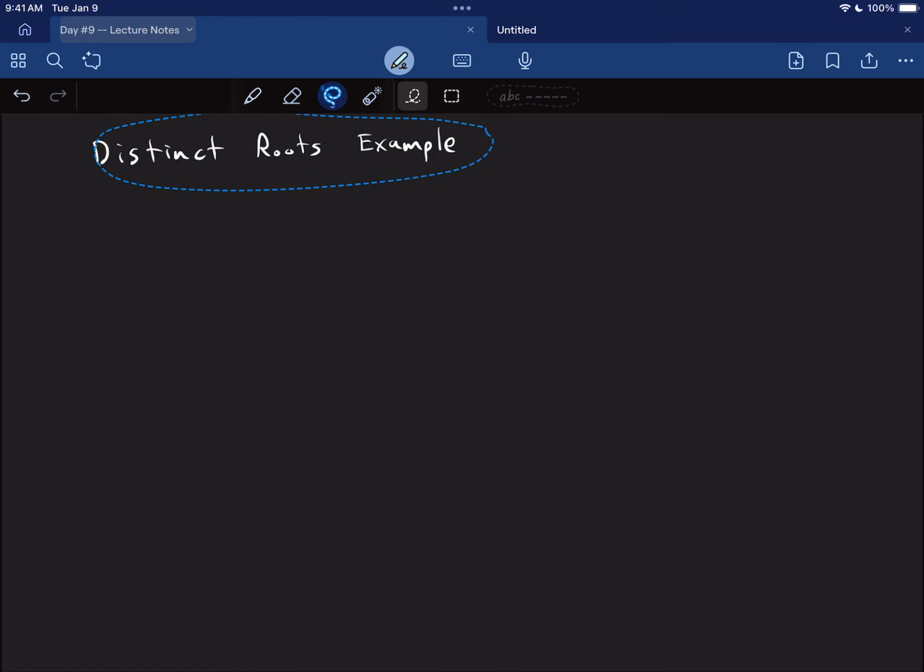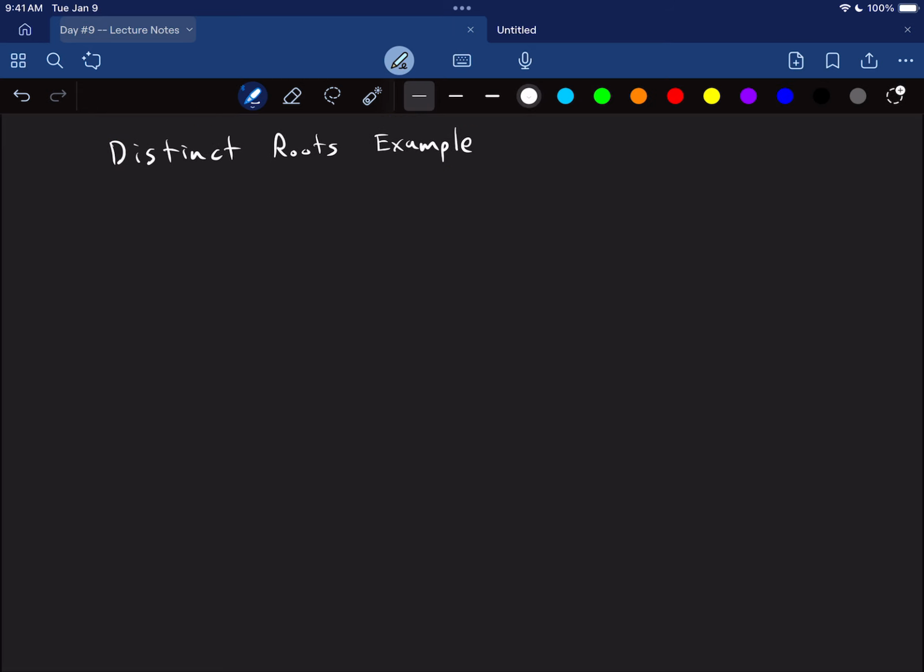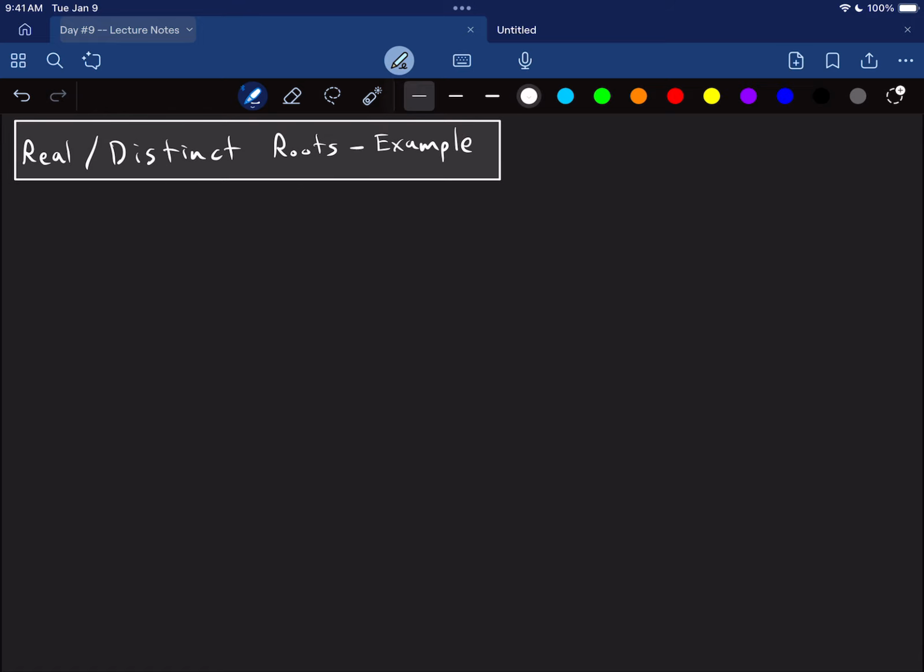I'm going to go ahead and write real distinct roots, so sort of like case number one. Let's do y double prime minus 7y prime plus 10y equals 0.